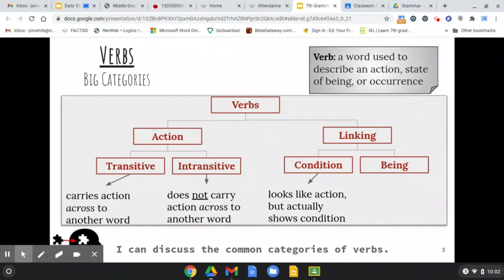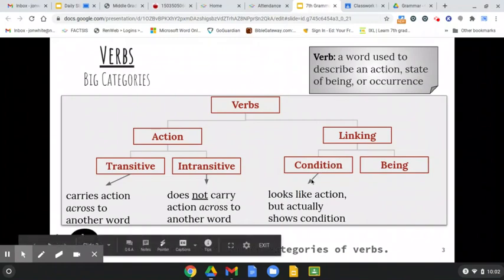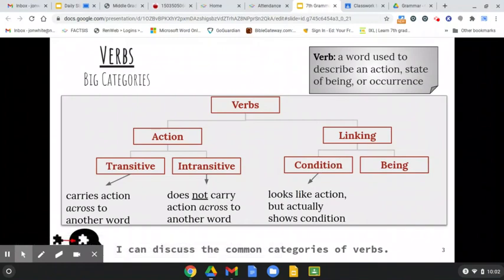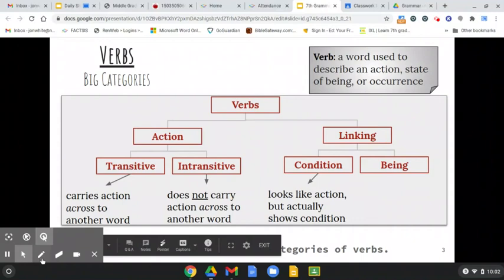If it is, you're living inside a nightmare where pizza can taste things, and that's strange and you need to wake up. So if I say pizza tastes good, I'm using that verb taste as a linking verb that's talking about the condition of that pizza. It tastes good. The condition of it is that it is good. So that's a verb like taste.